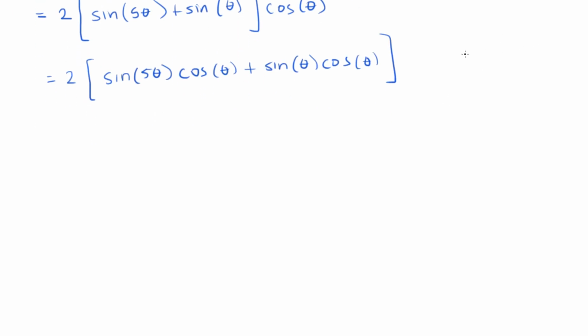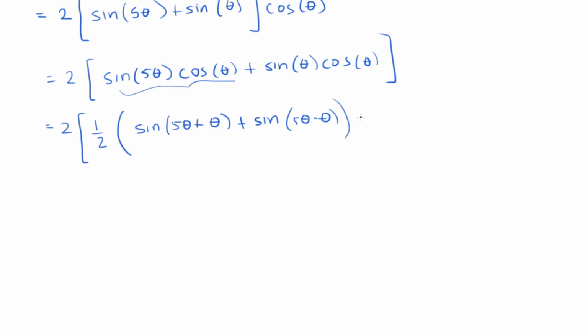Then I'm going to apply the same product to sum once again. The first term becomes 1/2 times sine of 5 theta plus theta plus sine of 5 theta minus theta. Plus the second term, 1/2 times sine of theta plus theta plus sine of theta minus theta.